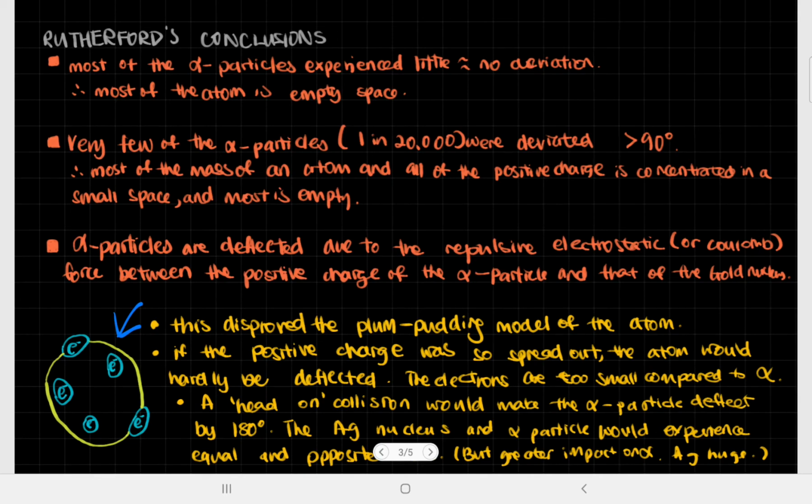And as I already explained before, the electrons could not be the source of this deviation of route of the alpha particle. Therefore, if the Plum pudding model was true, there should be no deviation at all, because they couldn't have that strong of a force. So the positive charge needed to be concentrated in order to have a bigger intensity, and therefore the Plum pudding model was disproved.